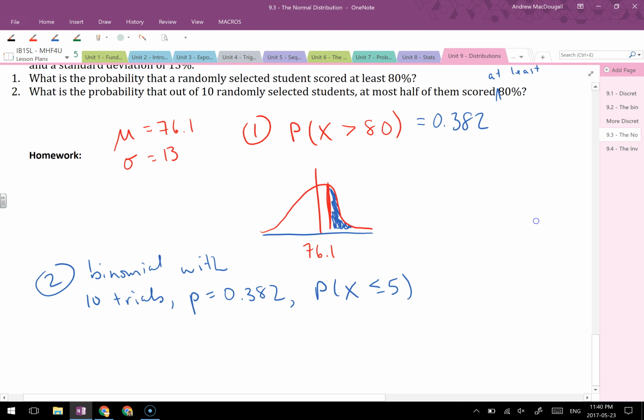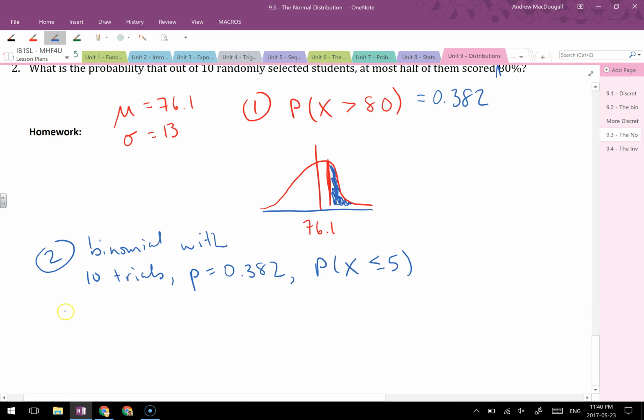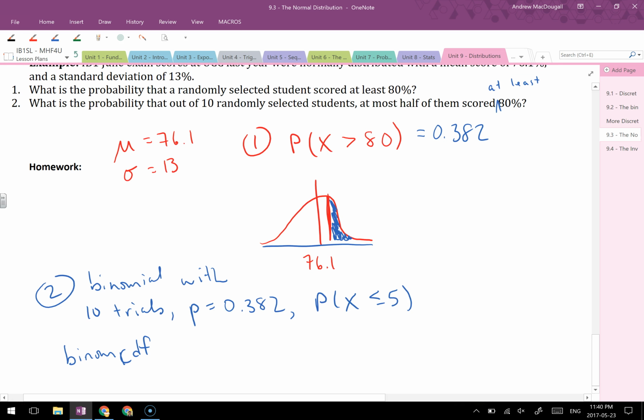Okay, so this is something you would enter in your calculator, right, using the binom CDF, with a lower bound of 0 and upper bound of 5, P equals 0.382 and 10 trials. And remember, we got this P equals 0.382 from A. In A, we calculated on any one trial what is the probability a randomly selected student scored at least 80%.